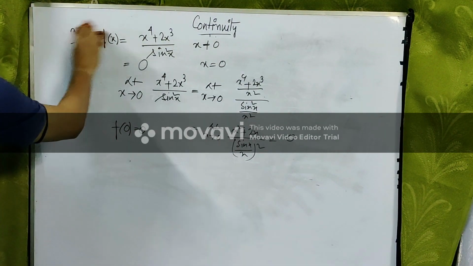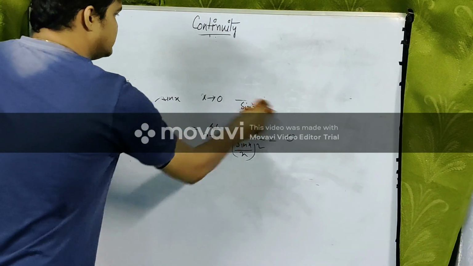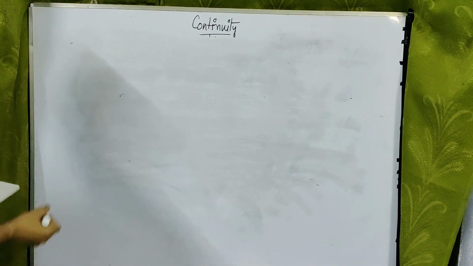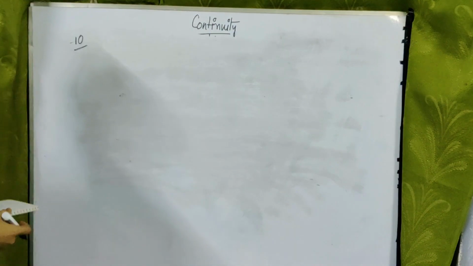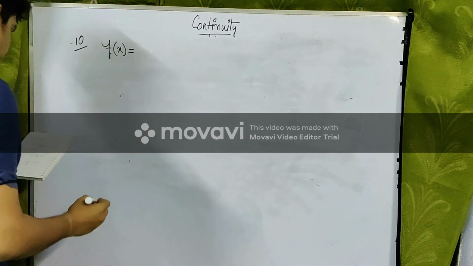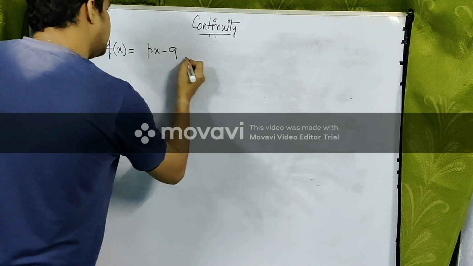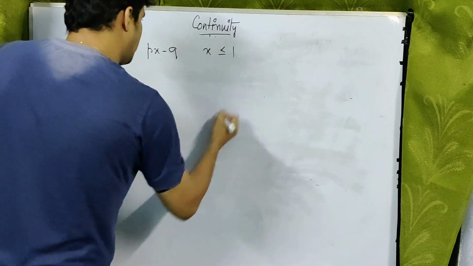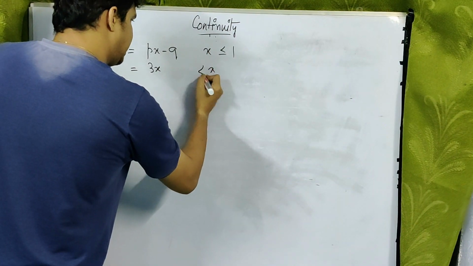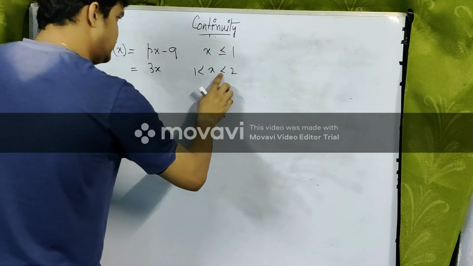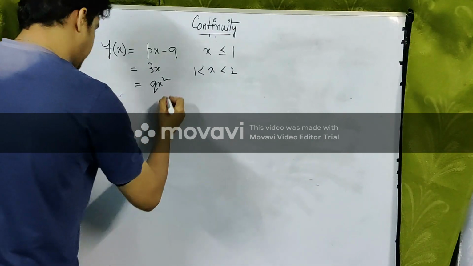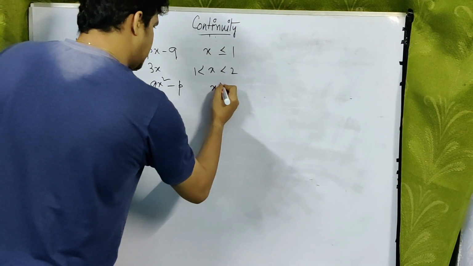Next question. In question number 10 we have a function f(x) that is equal to px minus q when x is less than or equal to 1, that is equal to 3x when x is greater than 1 and less than or equal to 2, that is equal to qx square minus p when x is greater than or equal to 2.